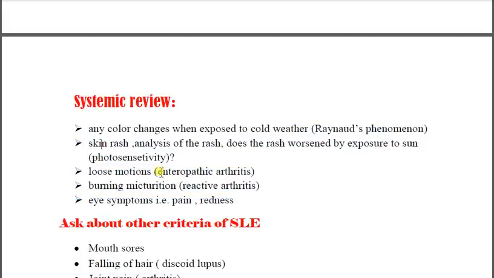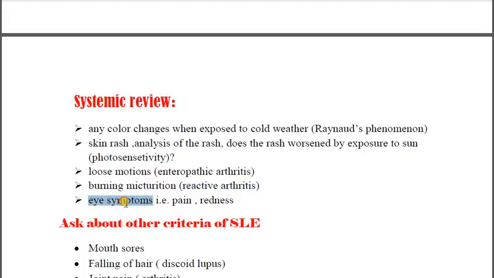It can be because of enteropathic arthritis, so you have to ask about loose motions. It can be reactive arthropathy, so you have to ask about burning during urination.